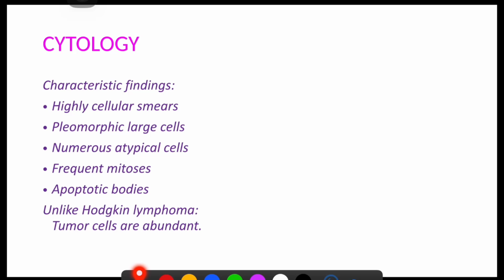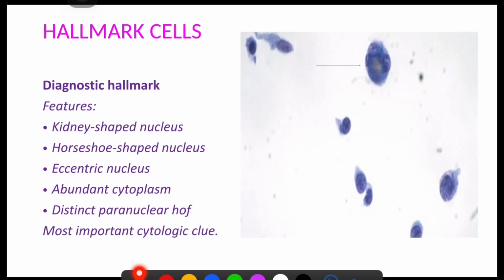So cytologically it is characterized by highly cellular smears, pleomorphic large cells, numerous atypical cells, there is frequent mitosis and apoptotic bodies, and unlike Hodgkin's lymphoma, tumor cells are abundant.